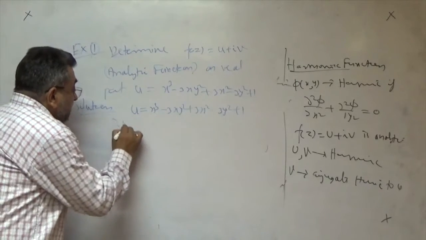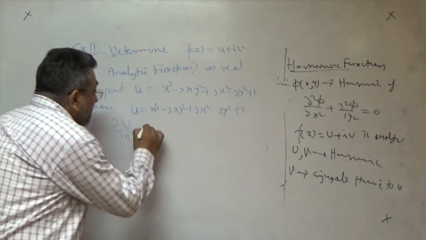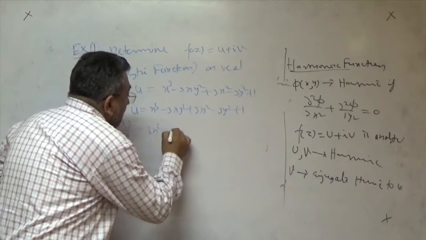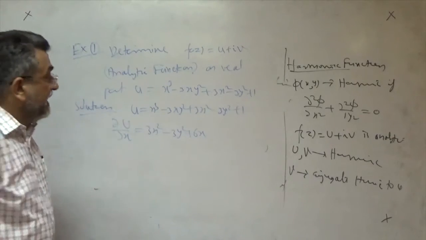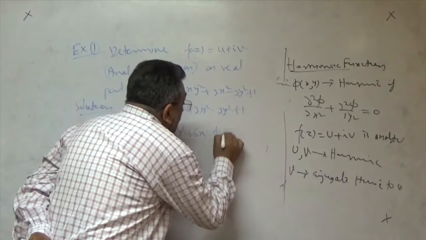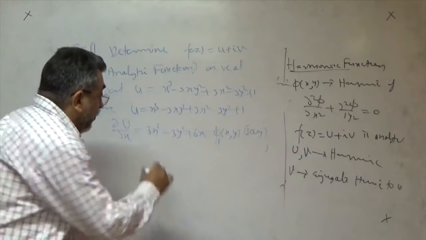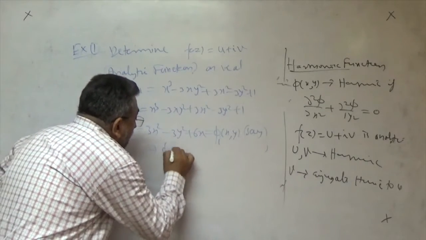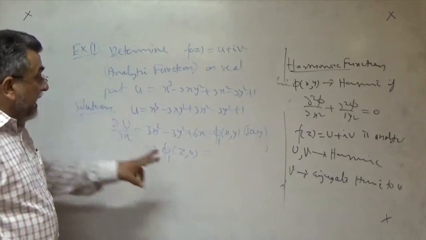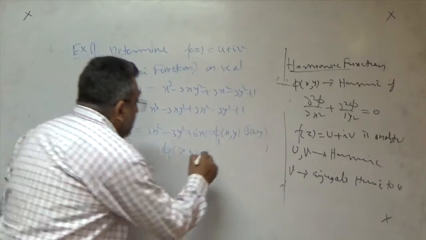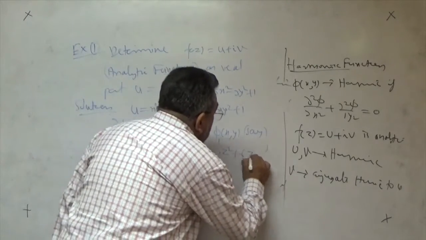Now, first find the partial derivative of u with respect to x, del u by del x. This is 3x square minus 3y square plus 6x. Take it as phi 1 of (x, y), say. And so, from here, we can obtain by the Milne-Thomson method phi 1 of (z, 0) by putting x equal to z and y equal to 0. Then we get 3z square plus 6z.